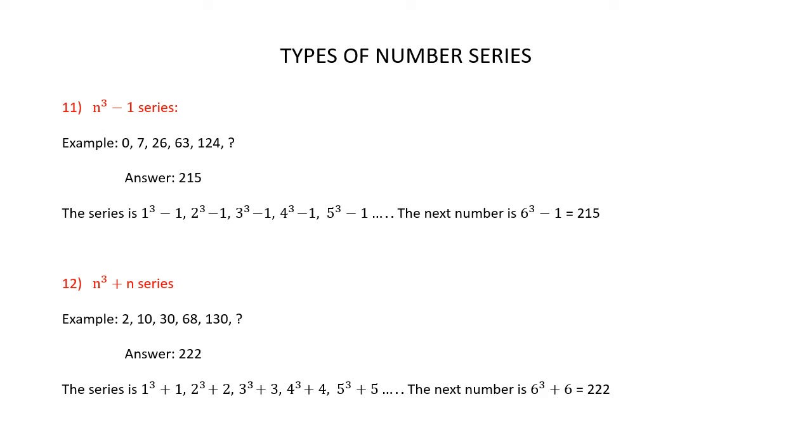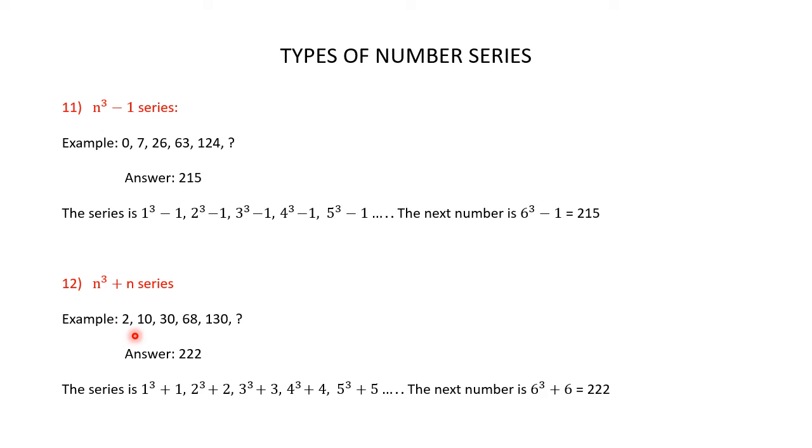Let's look at the next series, n cubed plus n series. Let's understand this with an example. Look at this number series: 2, 10, 30, 68, 130, question mark. You have to find the missing number here. When you observe these numbers in the number series, you'll notice that this is an n cubed plus n series.